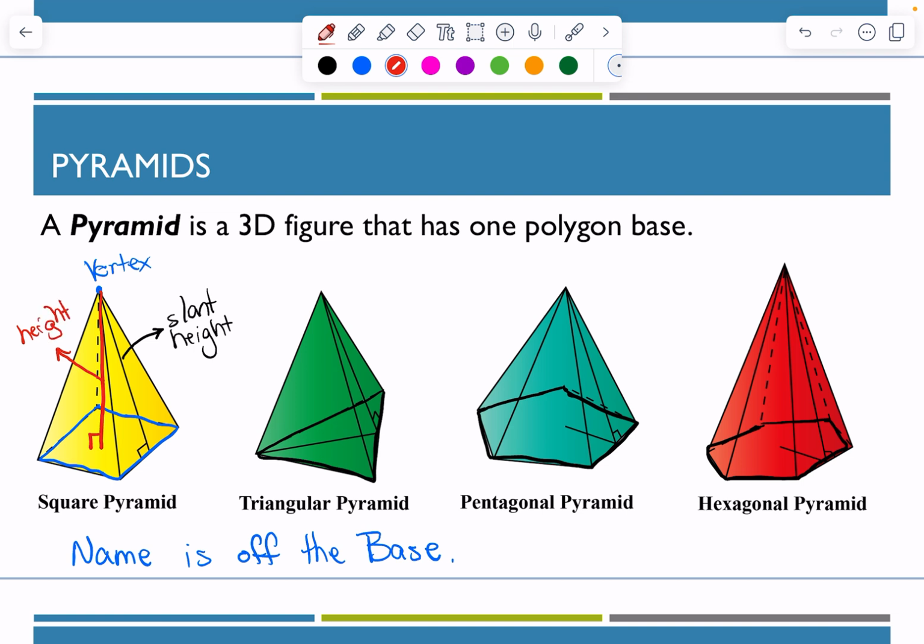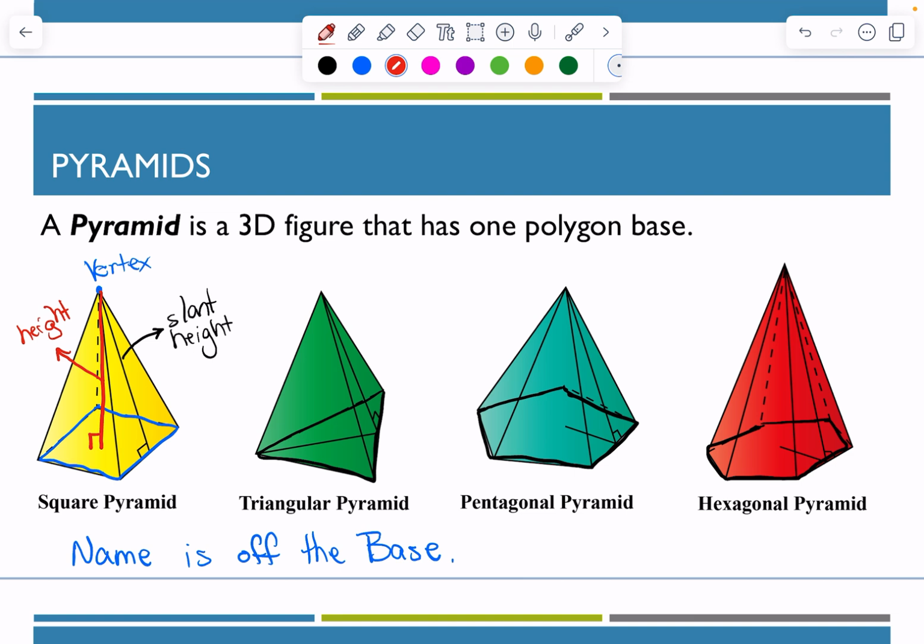Okay? So what you have to think about is the slant height is on the slant of the triangle lateral sides, where the height goes from the vertex to the base, perpendicular to the base, right down through the middle of the pyramid. So if you kind of think of attaching a string from the top of the pyramid, running it straight down through the pyramid all the way to the base, that's the height.